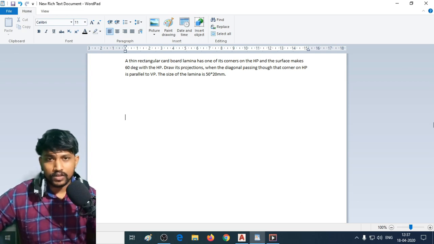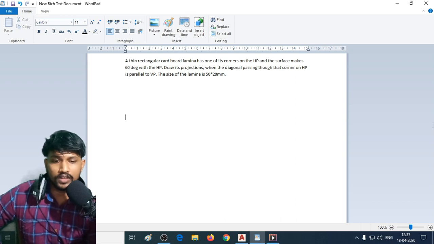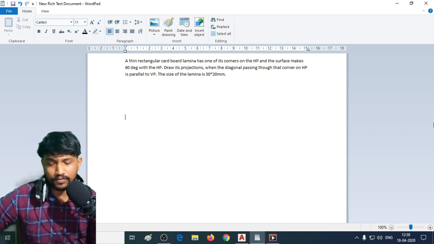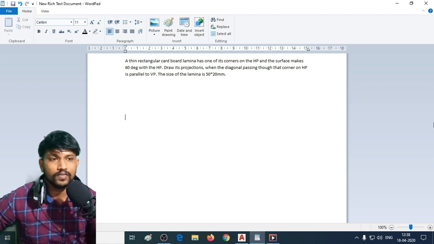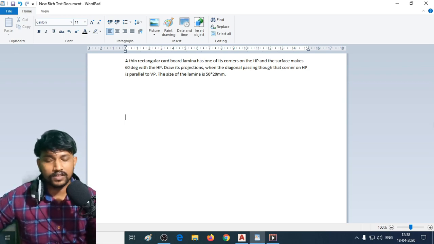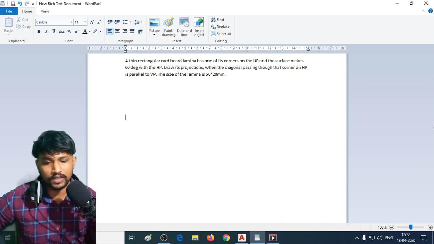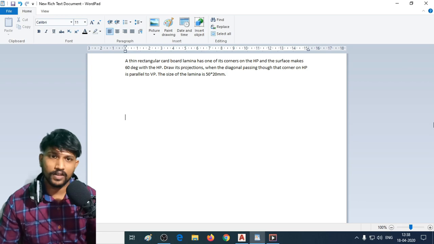So I'm going to give the general procedure in order to solve the problems which are actually related to these planes. Whenever you are given a problem, the first thing that you need to remember is that the given lamina is included with a surface inclination with some horizontal plane or maybe a vertical plane.